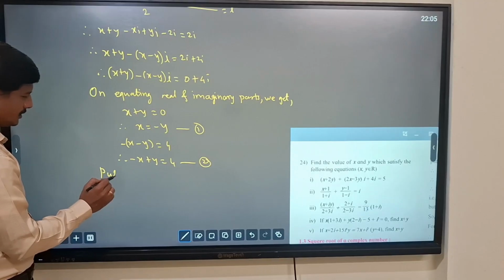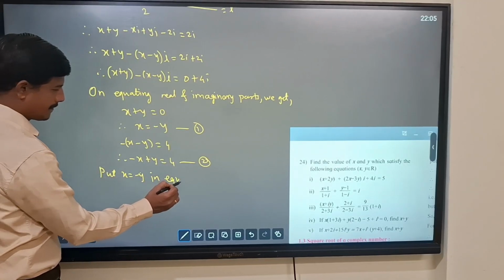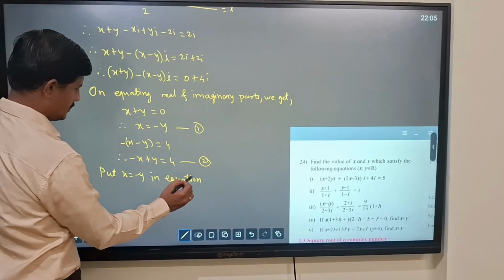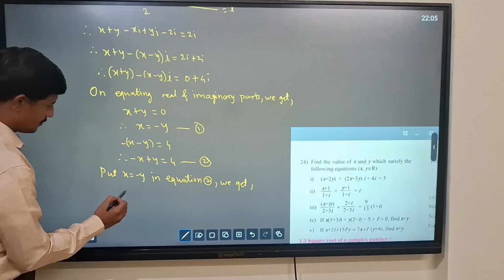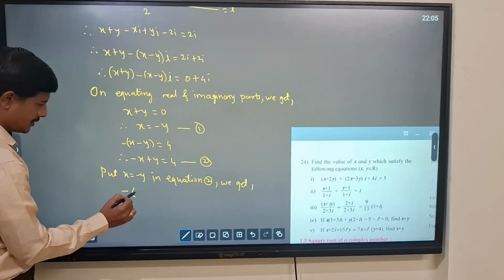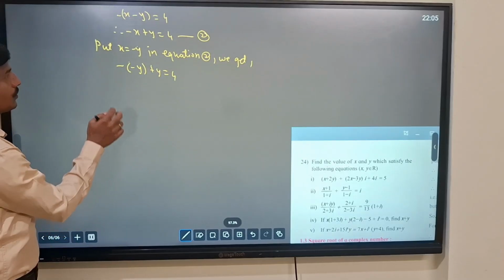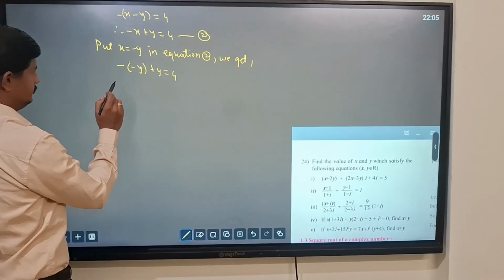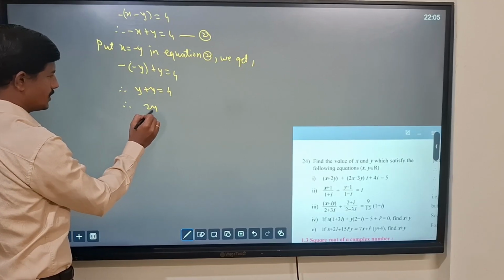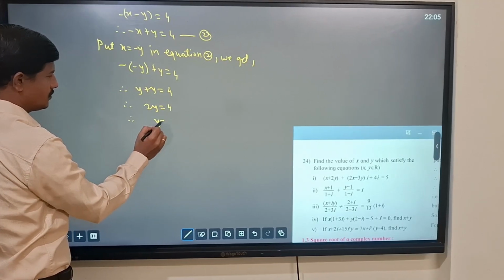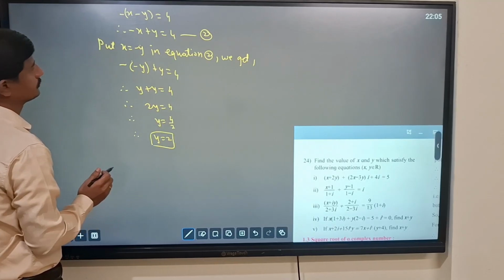Okay, now this is 2. Put x equal to minus y in equation 2, we get this is minus, again x is minus y plus y equal to 4, therefore this becomes y plus y equal to 4, this becomes 2y equal to 4, therefore y equal to 4 by 2, therefore y is simply 2.